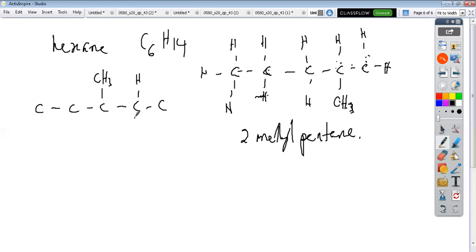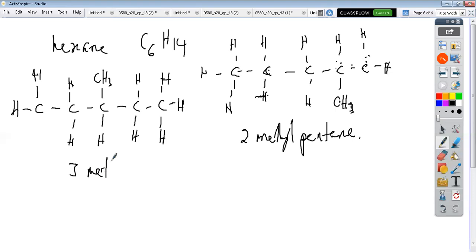So it means it has also another methyl isomer, like this. And that methyl isomer is 3, I'm sure you can see that. It is 3-methylpentane. Clear?